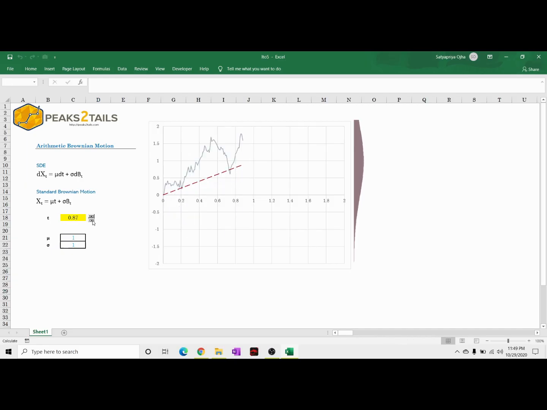Let's go back. Similarly, we can have a negative trend. Let me try -1. So the trend actually shows where the mean of the distribution is. Let's go back. Set this as 1.